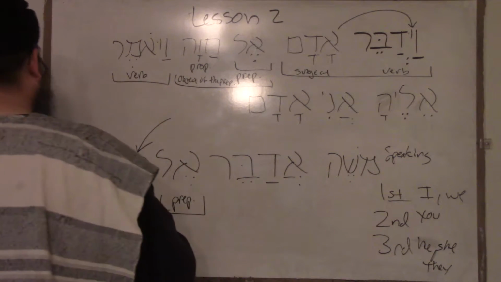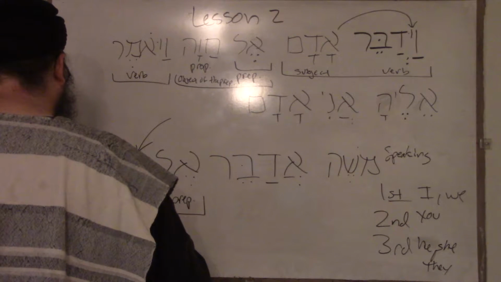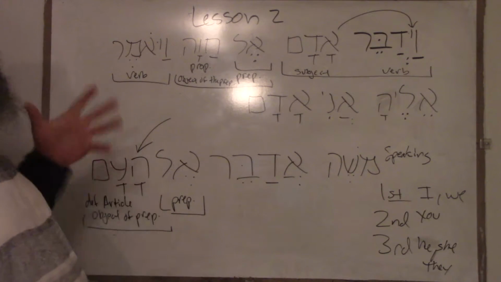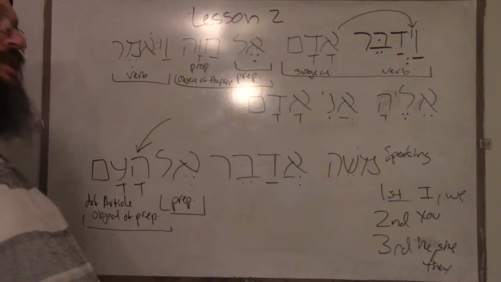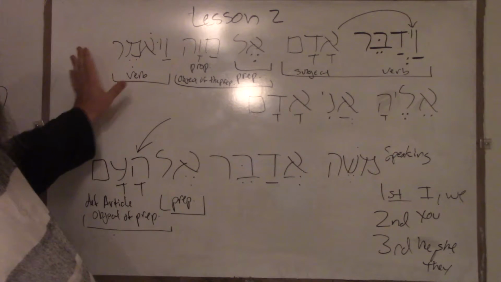So here we have a definite article that's used with my noun. Alright? We have a third way of doing this, but we'll learn this one later as we focus upon what we're learning here. Okay?